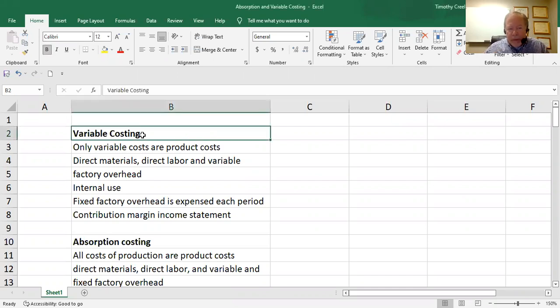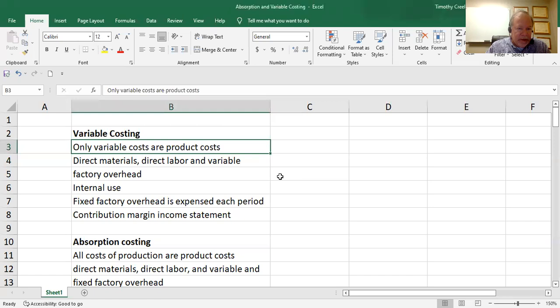Both of these are ways that companies can account for their product cost within their financial statements. So variable costing is one way. With variable costing, only variable cost are product cost. So your product cost would consist of direct materials, direct labor, and variable factory overhead.